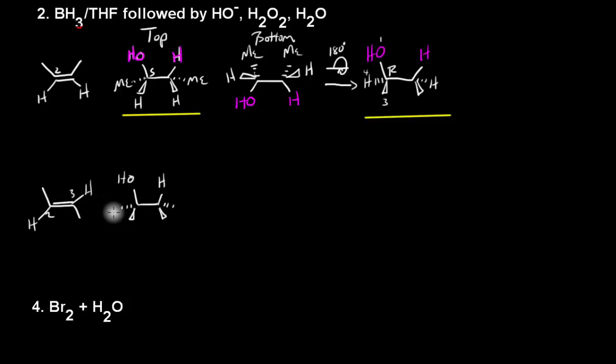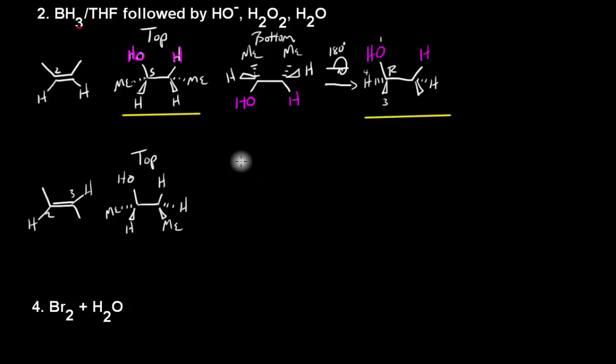So let's say methyl's in the back, hydrogen in the front. Again, totally arbitrary because we can rotate this, but just for the sake of consistency, I'm going to keep the methyl in the back. But we know that the methyls are trans, so if this methyl is in the back, this other methyl has to be pointing towards us to make them trans. Okay, so methyl in the front. So that's the top attack possibility.